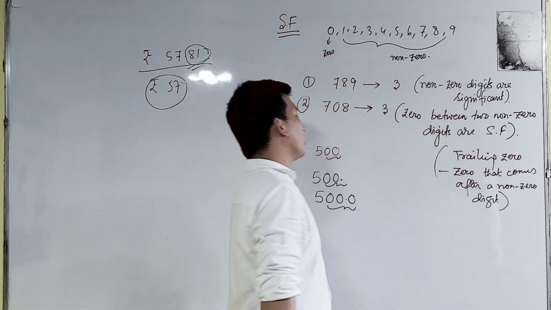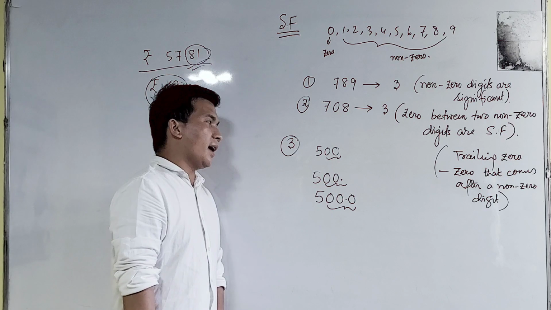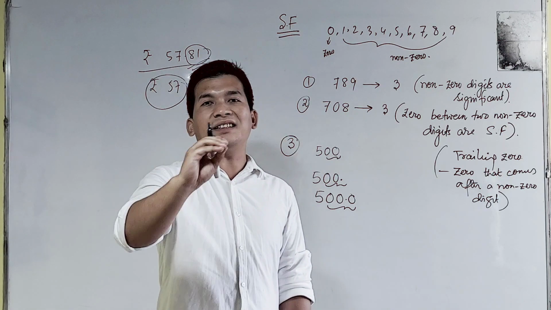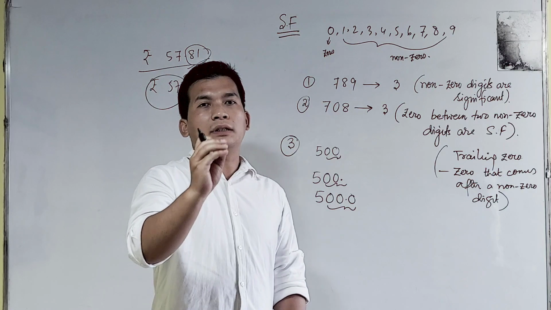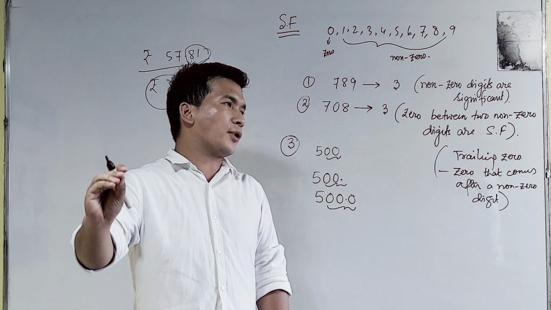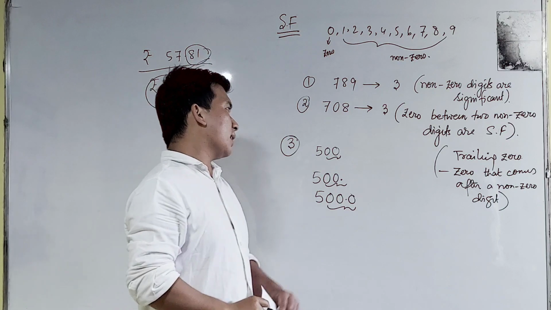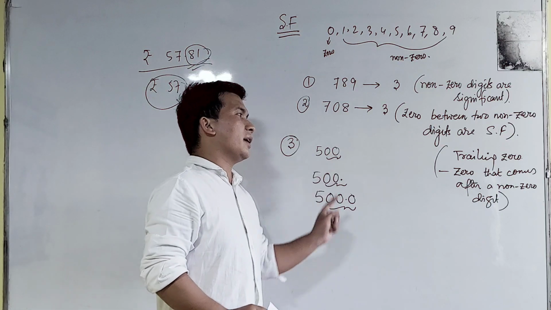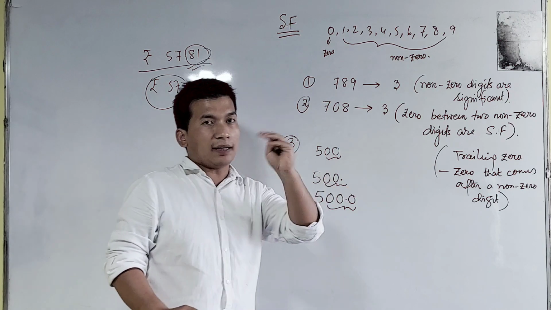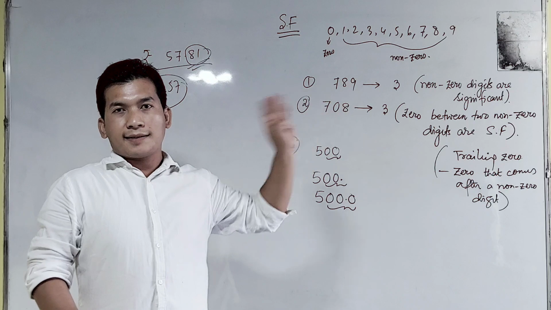For trailing zeros, we have to look very carefully at whether the trailing zero has a decimal point or not. This is the main point you have to remember. Leading zeros, let us discuss in the next rule.